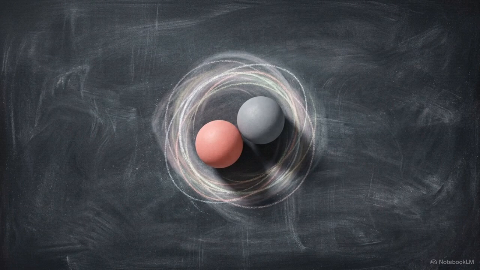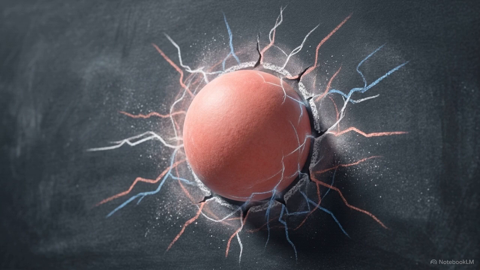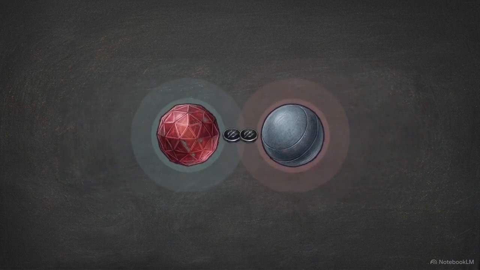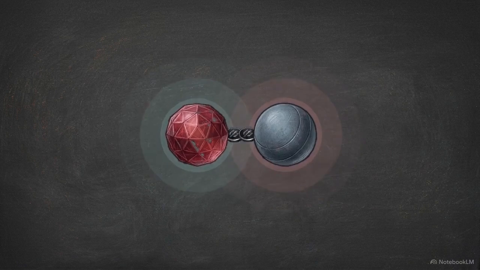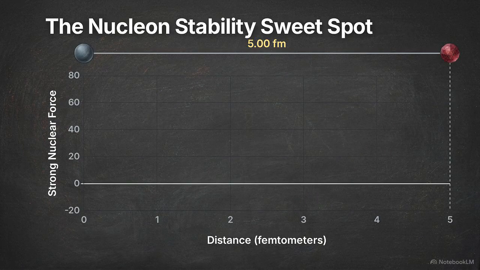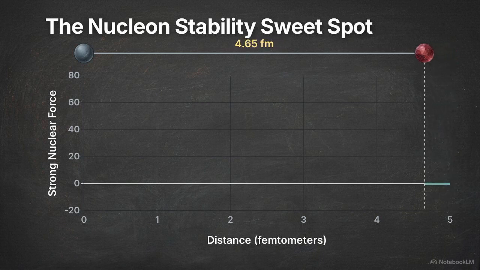If we shift our scale upwards and look at the interaction between two separate nucleons, we find another high-energy dynamic. The strong interaction does not stay entirely inside the nucleon. A residual strong nuclear force bleeds out, pulling neighboring protons and neutrons together through the exchange of particles called pi mesons, or pions. This chart plots the strong nuclear force on the y-axis against distance in femtometers on the x-axis.